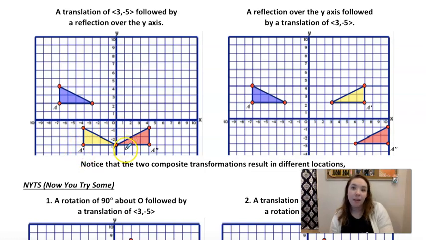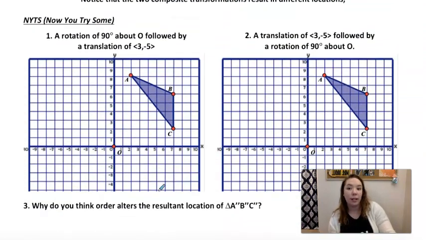If I did them in the opposite order, where I reflected first and then went right 3 down 5, I would end up with a completely different picture. Here it says a reflection over the y-axis followed by a translation of right 3 down 5. If you reflect first and then translate, this A double prime triangle does not end up in the same spot. So order does matter.